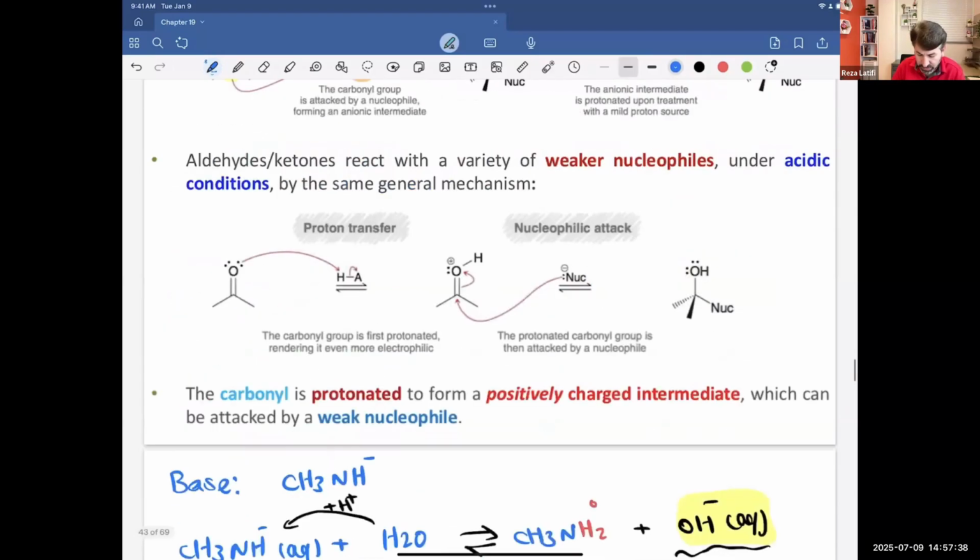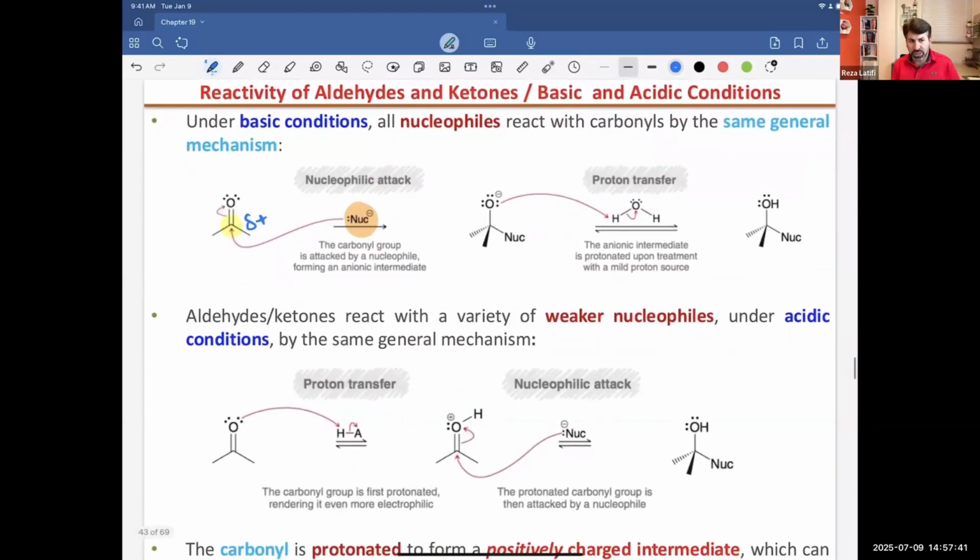And now let's go after the mechanism. We said we can have a basic or acidic condition. In a basic condition, the strong nucleophile that you have will attack the carbon, the electrophilic carbon, because it's looking for electron density. It will find it inside the nucleophile. We'll have addition. Now we get oxygen with a negative charge.